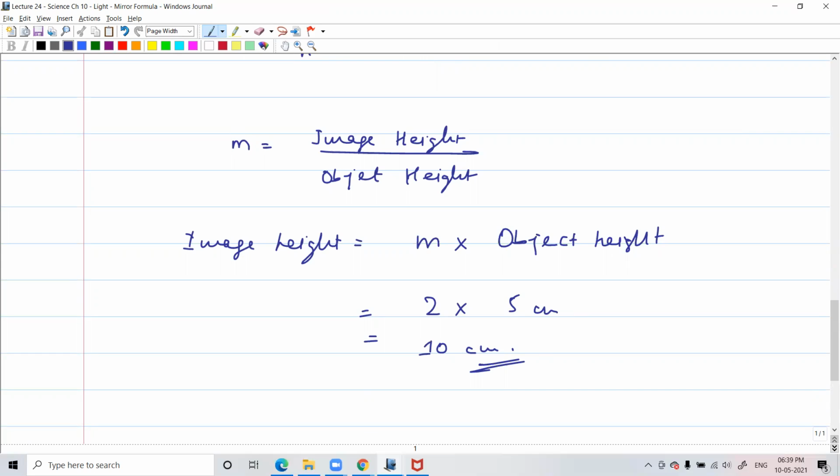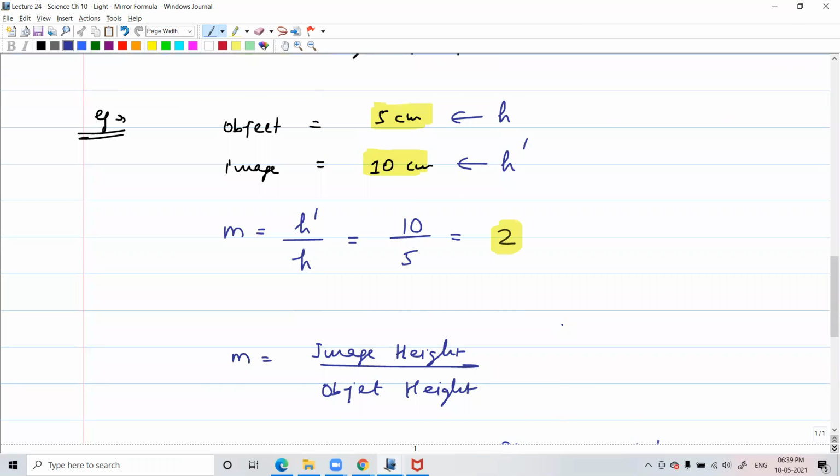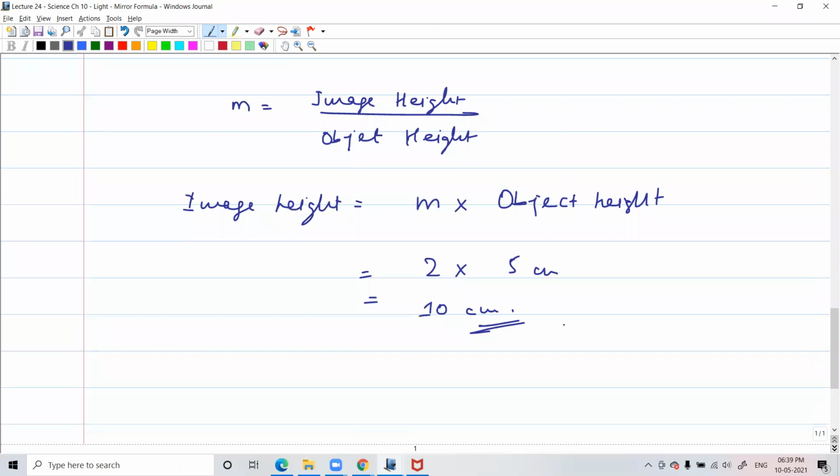Sir, if m is in fraction, then? Yes, it could be in fraction. We will see that example also. It doesn't have to be an integer always. Let's see that also. So this example is clear to everyone?